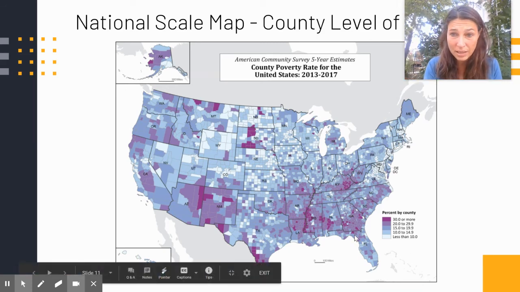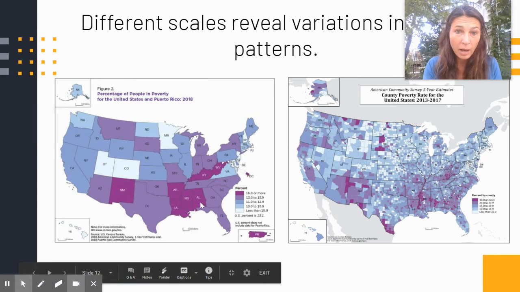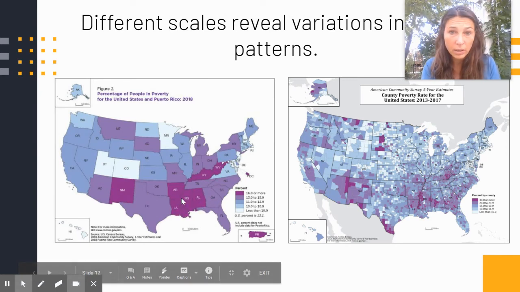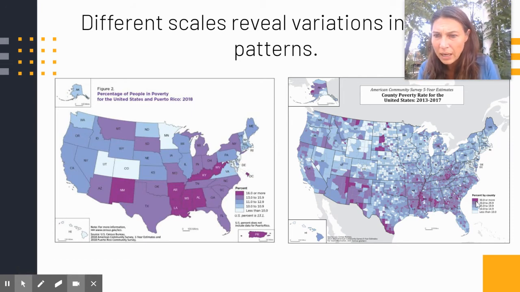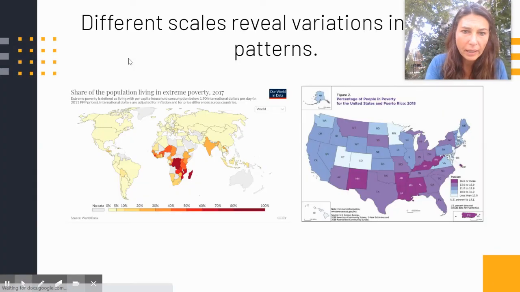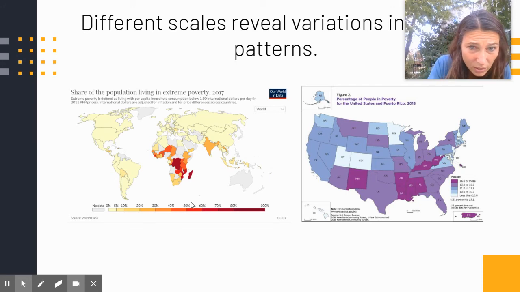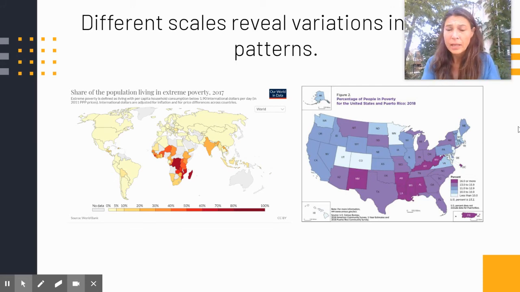Those same states that we were just looking at before, Alabama, Mississippi, Louisiana, Arkansas, you might look and say, hey, the whole state isn't in poverty, but there are some areas of the state of Alabama where 30% or more of the population is living in poverty. Now, if we go back here, we're talking about rates that are as much as, I don't know, it's hard to tell on this map, maybe India in some cases.